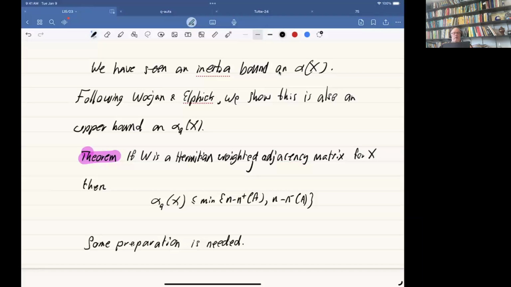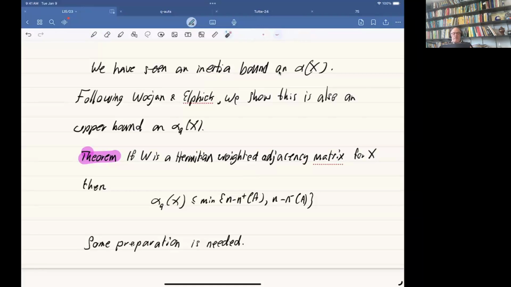So I'm going to sketch the proof of this. The nice thing about the inertia bound is that it's very easy to deal with the weighted case, and that's a strong result. So we'll talk about the weighted case.